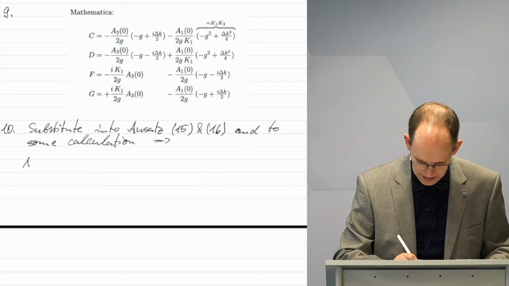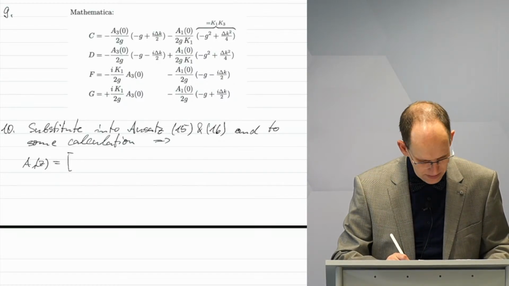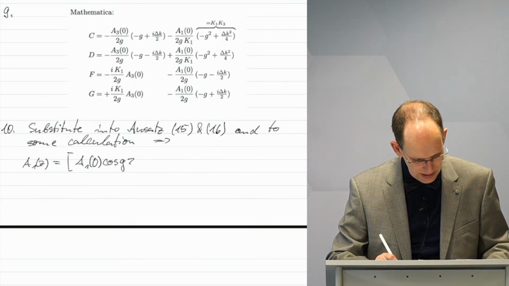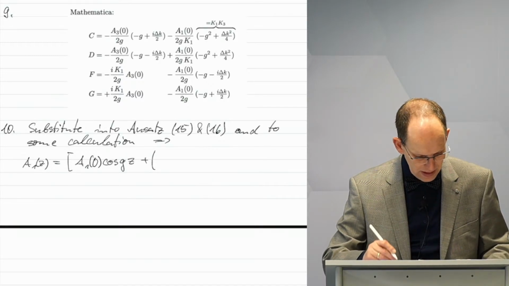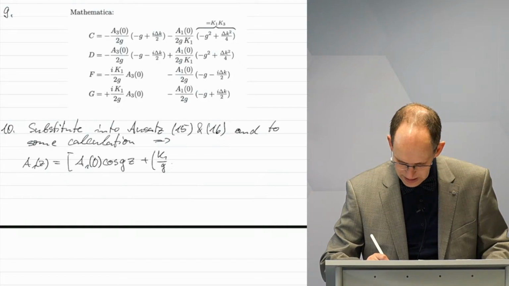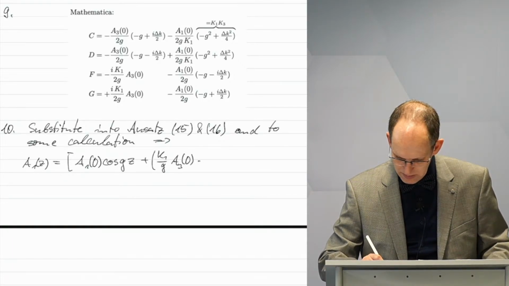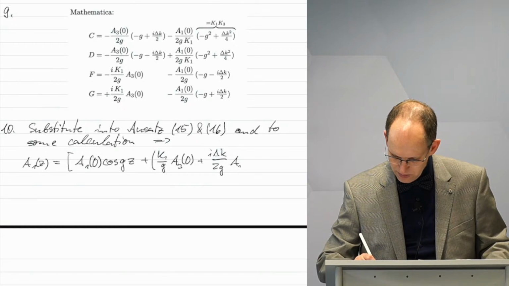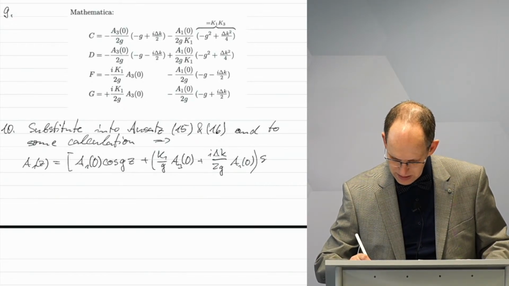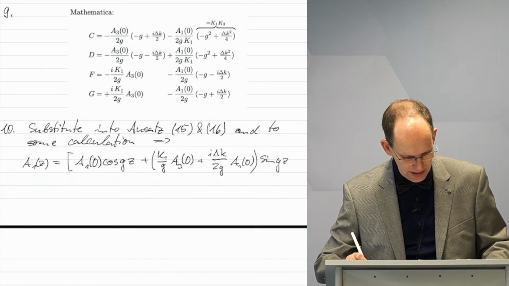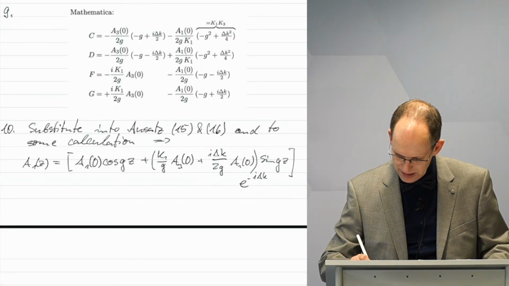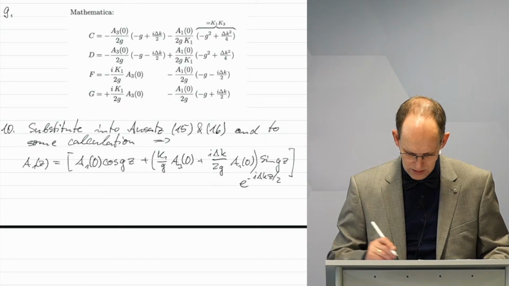And then you get A1 of z is equal to A1 at position 0 times the cosine of G times z plus, now complicated expression, K1 over G A3 of 0 plus I delta K divided by 2 times G times A1 of 0 times the sine of G times z, times, and now this phase matching factor, e to the minus I delta K times z over 2. Yeah?